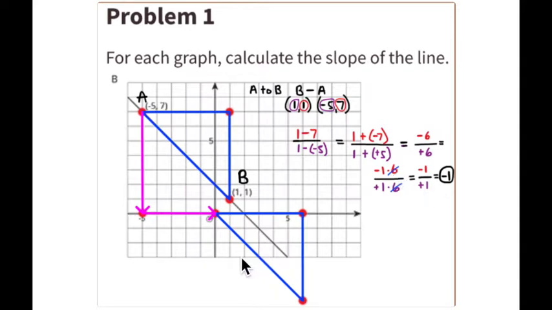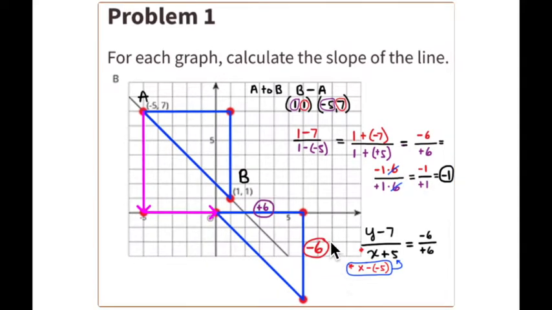So to figure out the equation that goes with this, notice that you end up here with a positive 6. I'm sorry, that's this 1 plus positive 5. Slide this over, this ends up being a positive 6, and this is a negative 6.